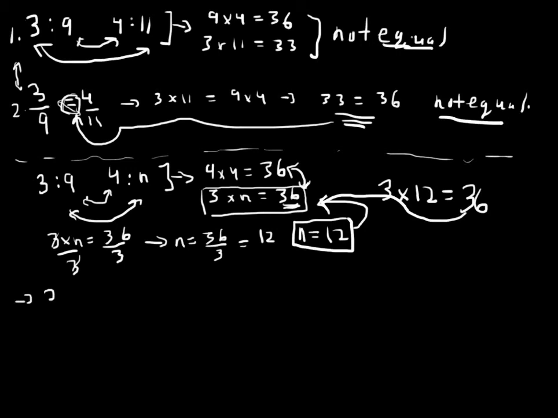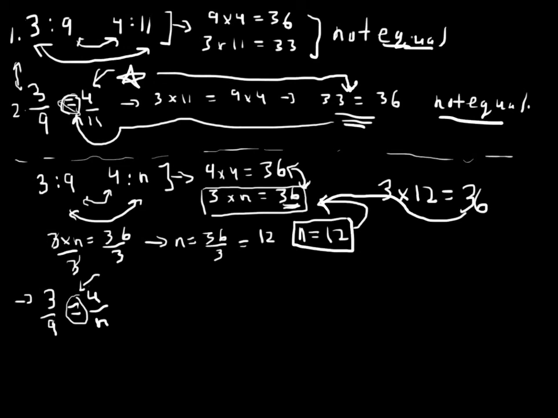If you wanted to do this with fractions, you would write it like this. We want these to be equal. Now it's not an assumption anymore like we were doing before, when we were trying to find whether they were equal and started out with the assumption that 3 over 9 was equal to 4 over 11, and found out that can't be the case. Now it is a requirement.